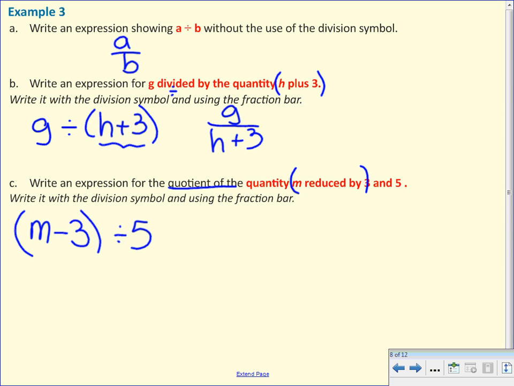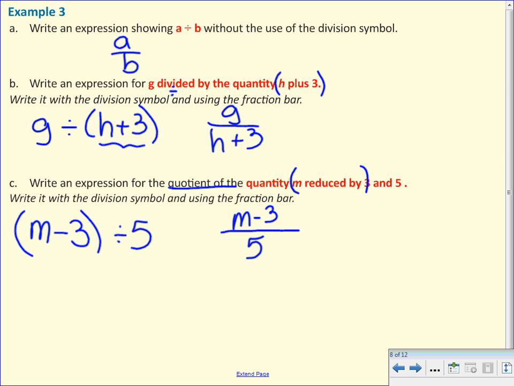How would I write that with the fraction bar now? How would I write it? M minus 3, and then 5 on the bottom. Yep. M minus 3 over 5. Or m minus 3 divided by 5. Yeah. Okay, pretty straightforward. Wouldn't the parentheses mean multiply?